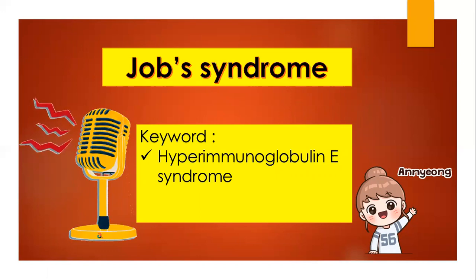This is another term for this type of condition because in Job syndrome, basically what is abnormal, there are high serum levels of immunoglobulin E, hence the name hyperimmunoglobulin E syndrome. And why Job syndrome for this type of condition? Because most findings, there are recurrent skin abscesses. That's why they name it as Job syndrome.